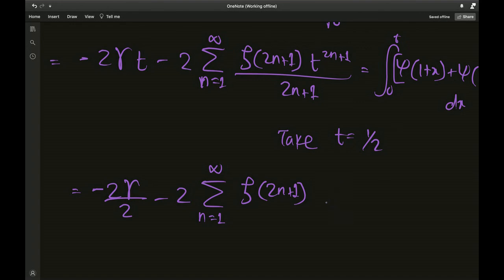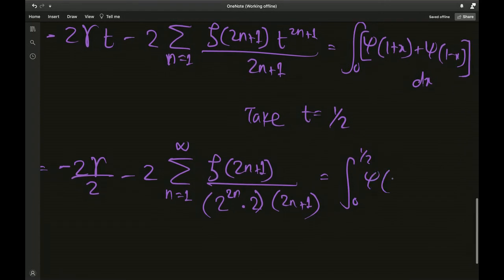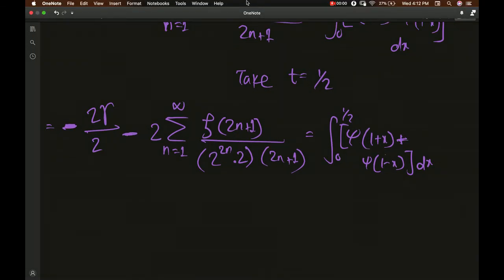Here we'll have 2 to the 2n plus 1, which can be multiplied with a separate 2 out there, and a 2n plus 1 factor, being equal to the integral from 0 to half, because of this substitution, of digamma of 1 plus x plus digamma of 1 minus x dx in here.